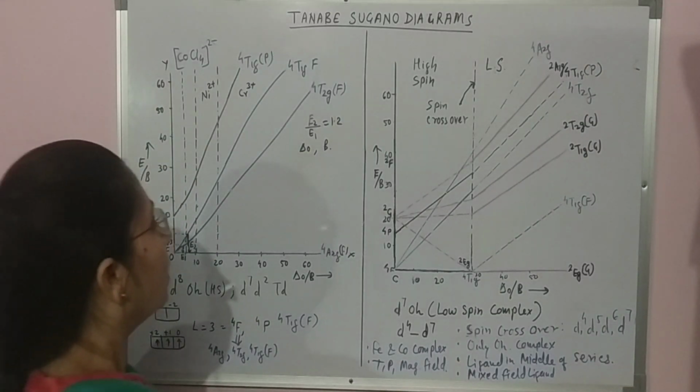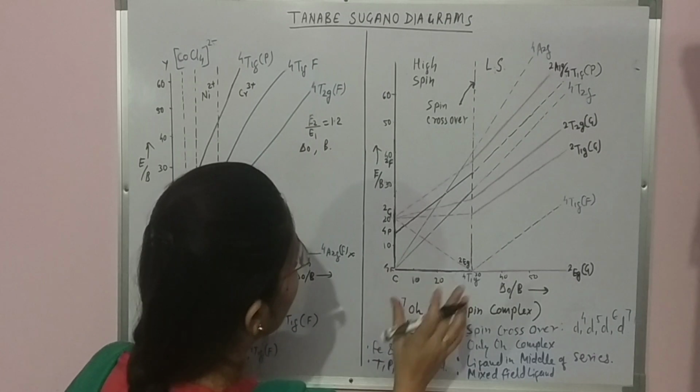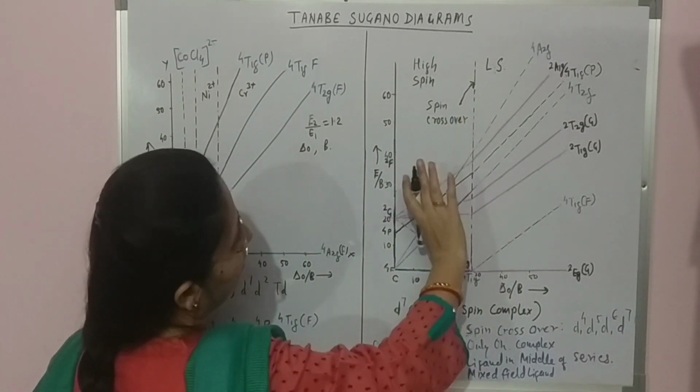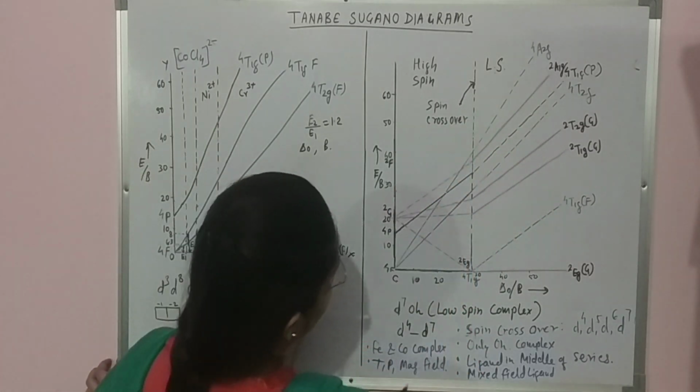So here for D7 condition, one more thing is that in this diagram we will see the spin crossover, like the spin will get changed.